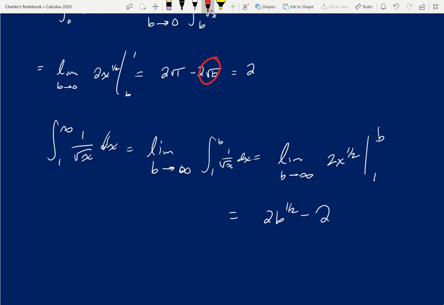And I guess technically you would want one more limit as b goes to infinity. And this is one where I'm not always as picky as other math teachers.